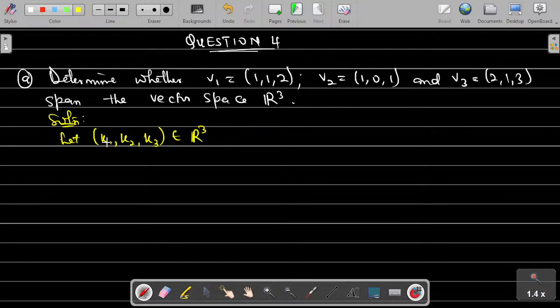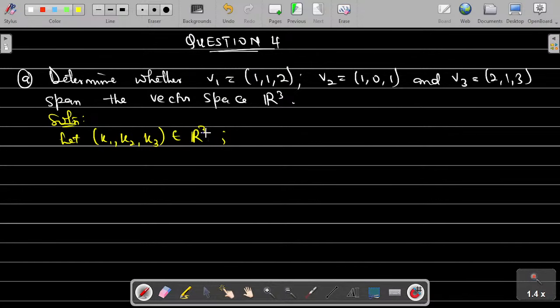So we want to show that K1 v1 plus K2 v2 plus... let me not use this same K to do this thing. All right, I've picked K1, K2, K3 in R3.